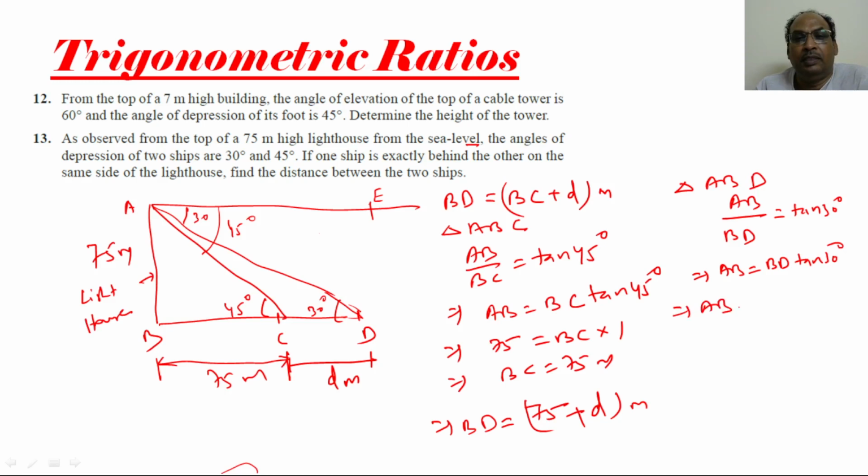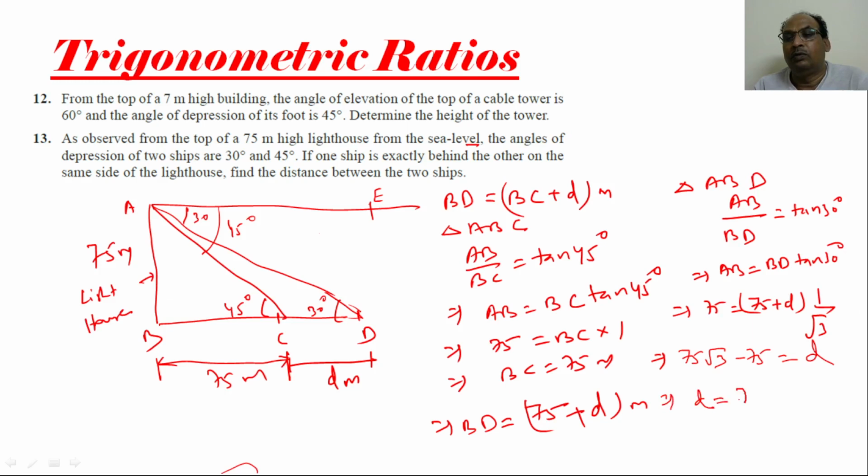So AB is already 75 and here 75 plus D, tan 30 degree is 1 by root 3. Okay, so 75 root 3 minus 75 is equal to D.